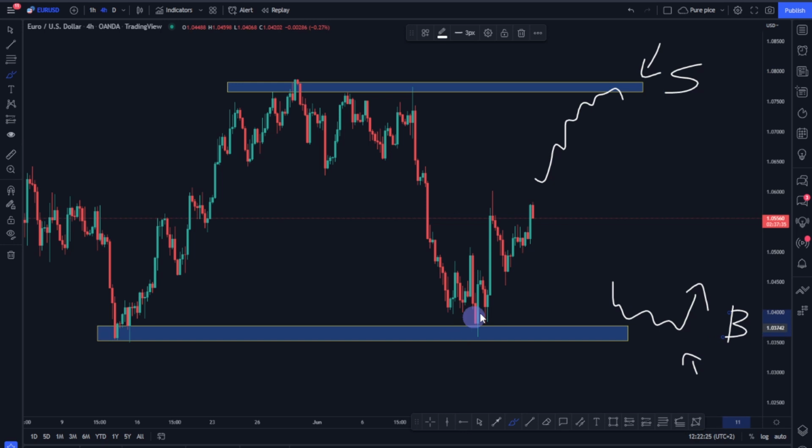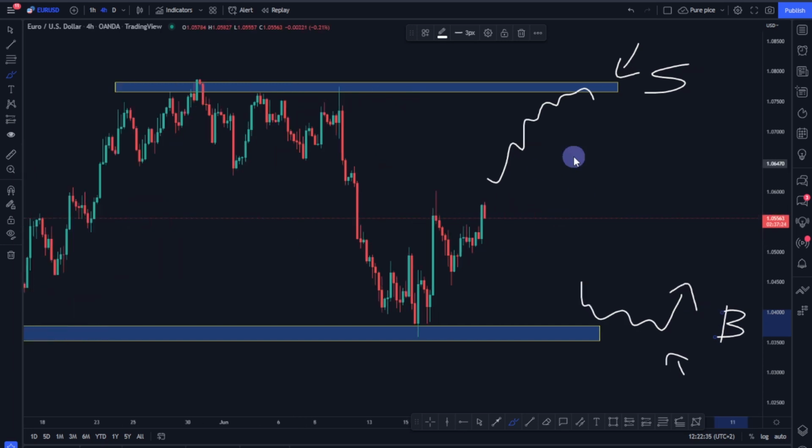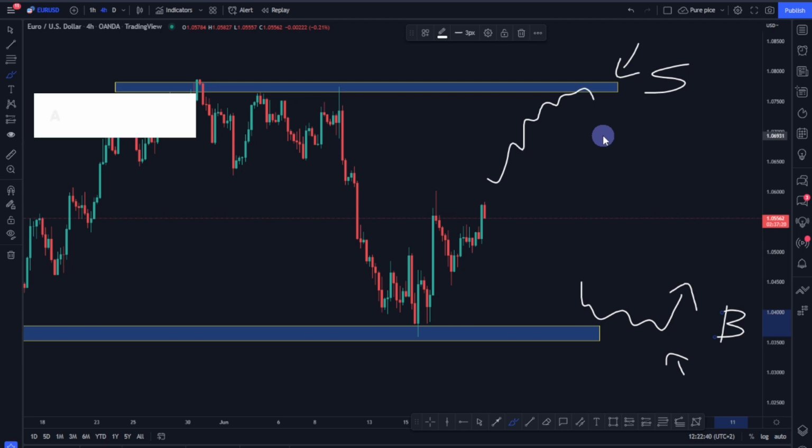Why? Because before you can trade a range, you need to understand what a range indicates, because a range is more like an indicator. Firstly, it tells you that a major reversal is about to occur.